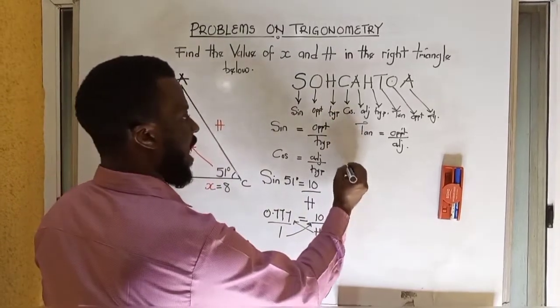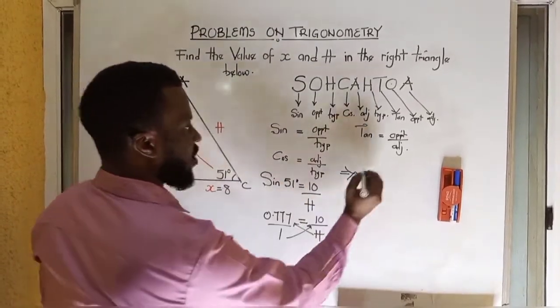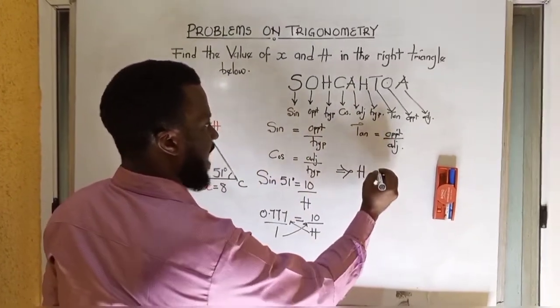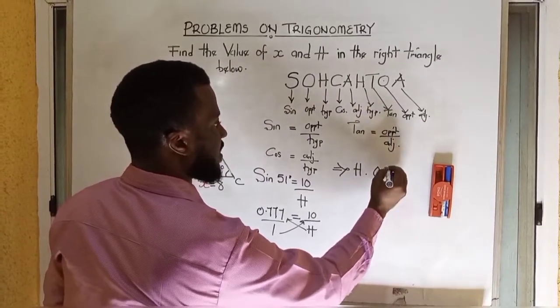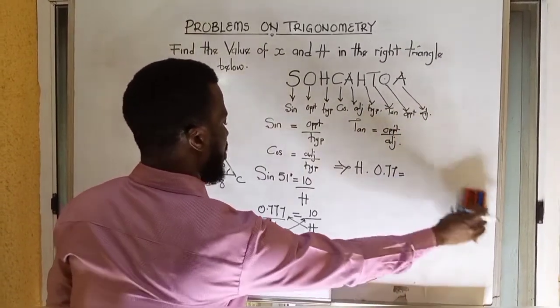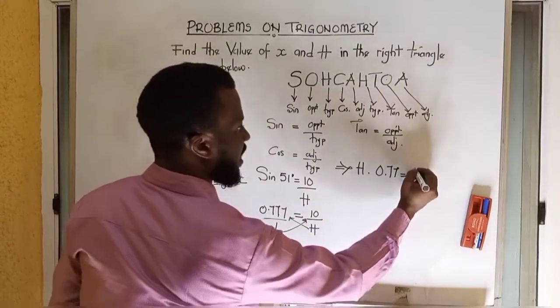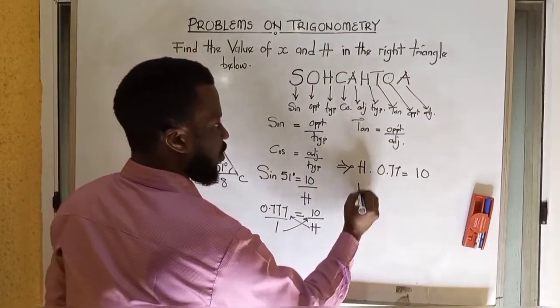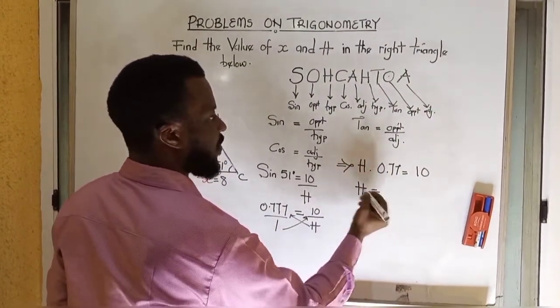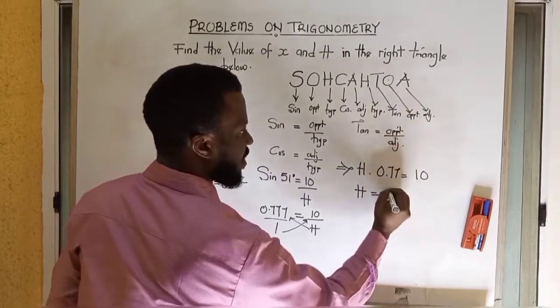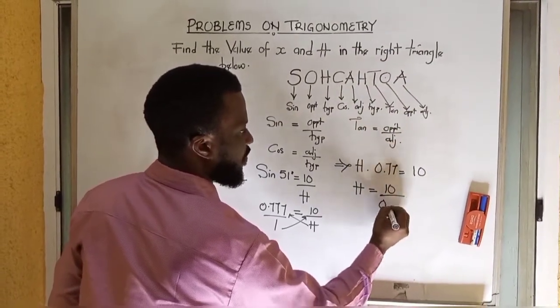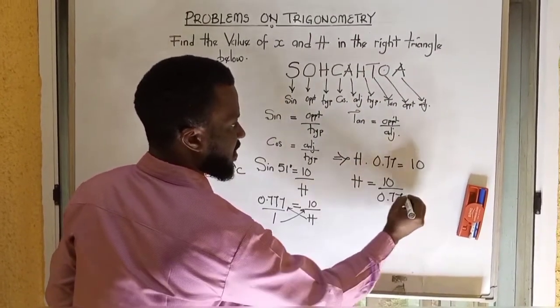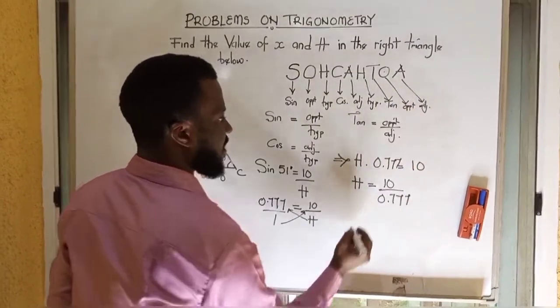When you do that, you will have h multiplied by 0.777 equals 1 times 10, which gives you 10. So you further simplify, you have h equals 10 divided by 0.777.